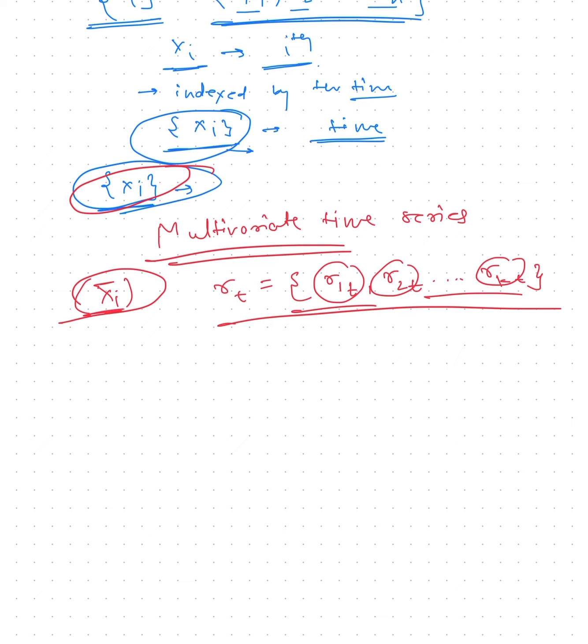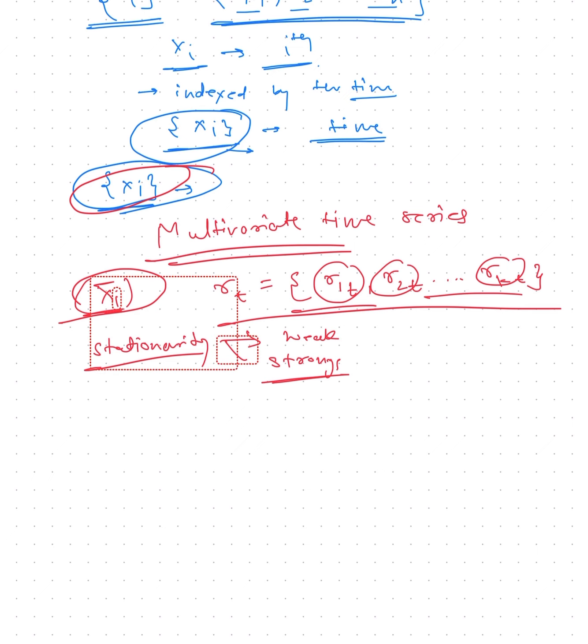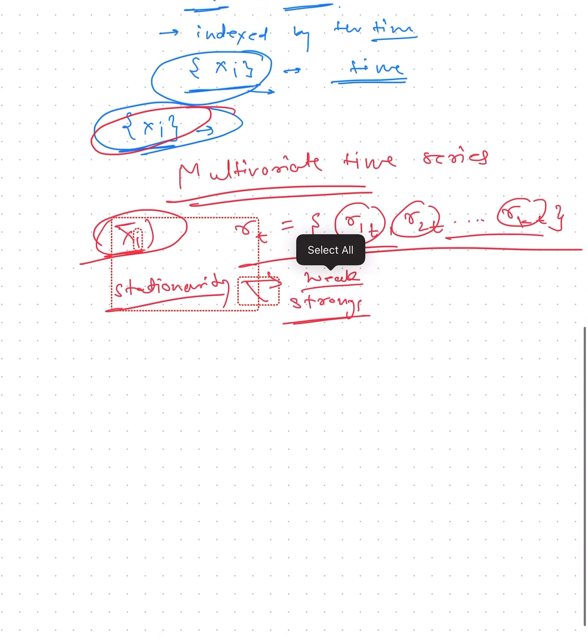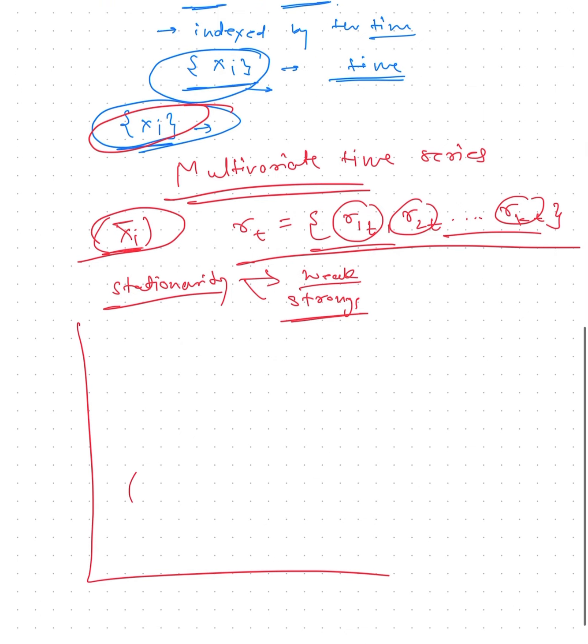We have already explained the terms stationarity, and how weak stationarity and strong stationarity are in play while studying univariate time series modeling. But while studying multivariate time series modeling, it is more difficult. As you can see, this is my univariate time series.